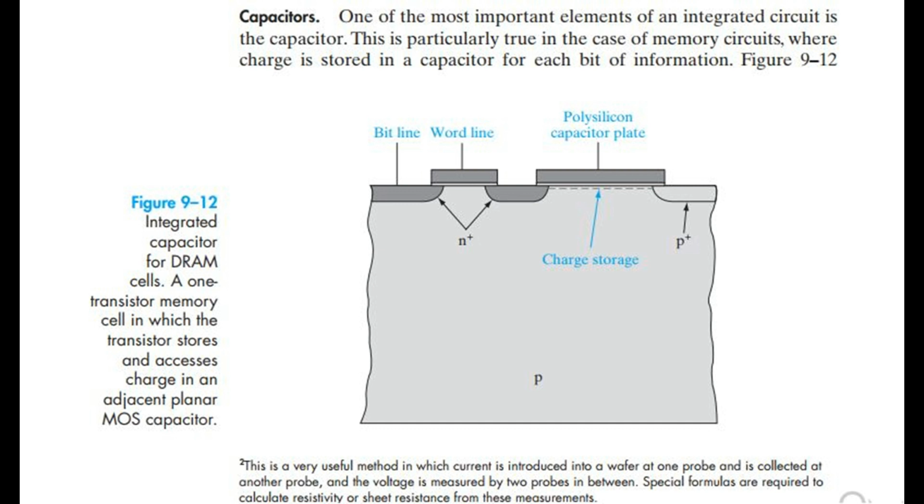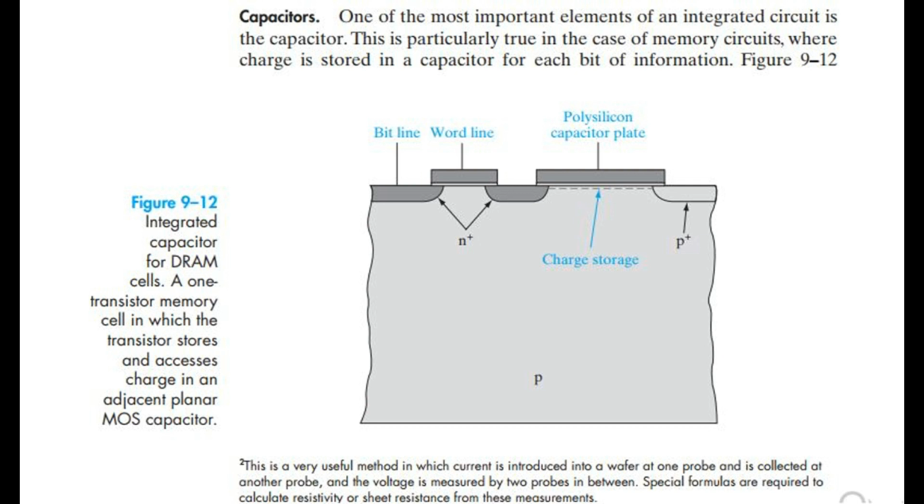Capacitors. One of the most important elements of an integrated circuit is the capacitor. This is particularly true in the case of memory circuits, where charge is stored in a capacitor for each bit of information. Figure 9.12 illustrates a 1-transistor DRAM cell, in which the N-channel MOS transistor provides access to the adjacent MOS capacitor.